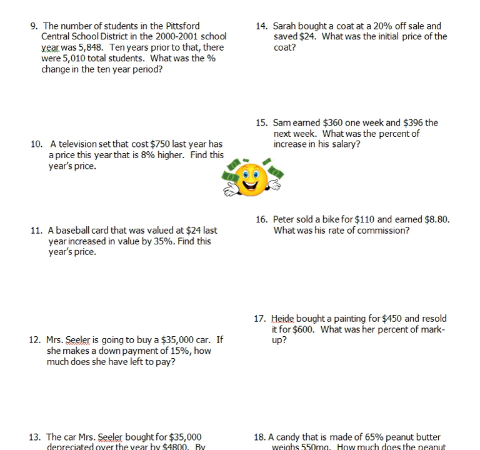All right, so just because the first number given to you is 5,848, that is not your starting point because this is 10 years prior. We want to know how much it changed in that 10-year period. So my starting point was actually the 5,010. That's my original.